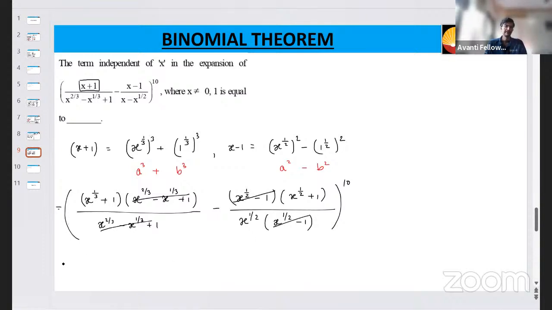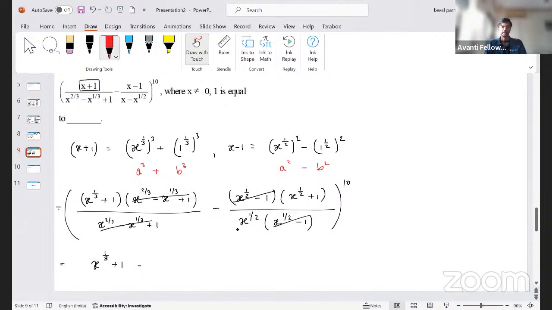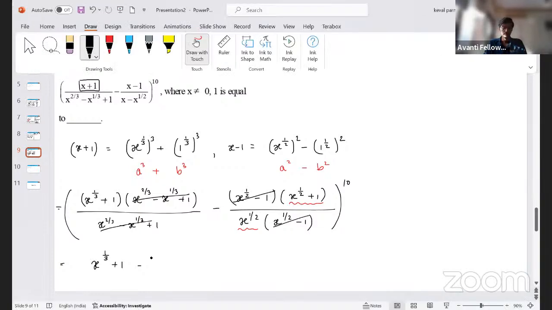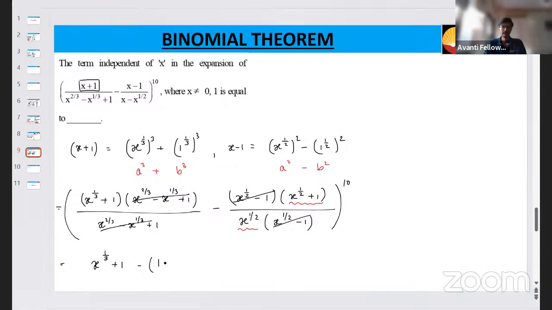and we are left with x raised to the power 1/3 plus 1. Only two terms are left, एक ये and ये पूरा. So if we split the denominator, what we'll get is 1 plus x raised to the power minus 1/2, the whole raised to the power 10.